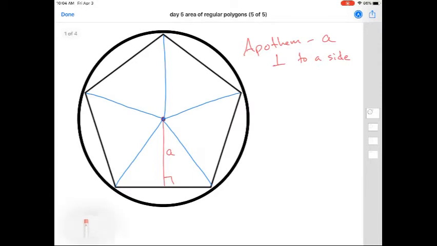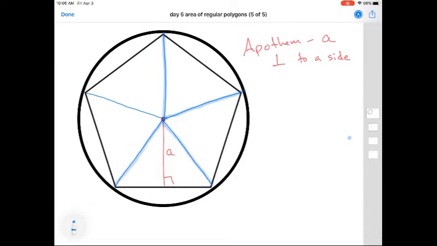Don't get mad at me, I know it's not a perfect circle. What does this blue line represent? It's the radius. Because that's the radius and that's the radius, they're not changing, which tells me that these two legs of the triangle are congruent.